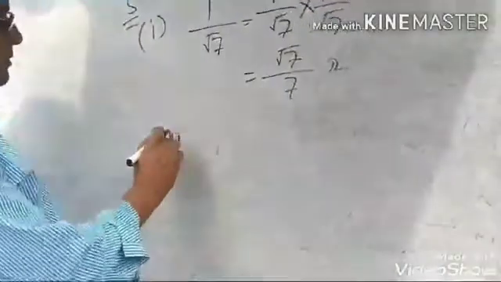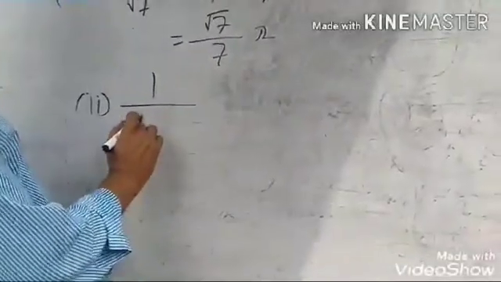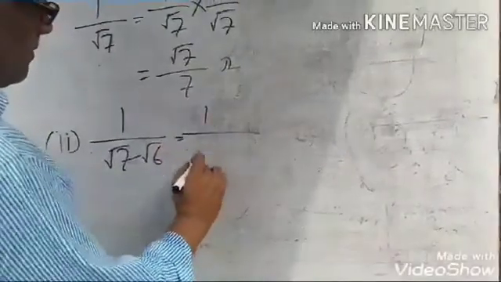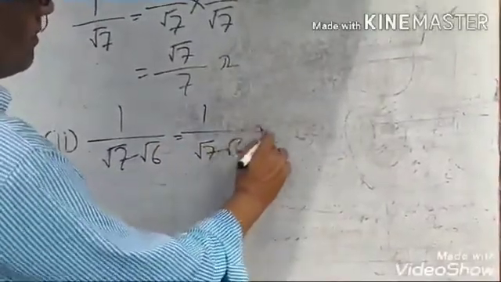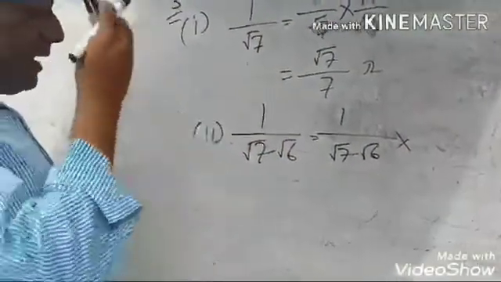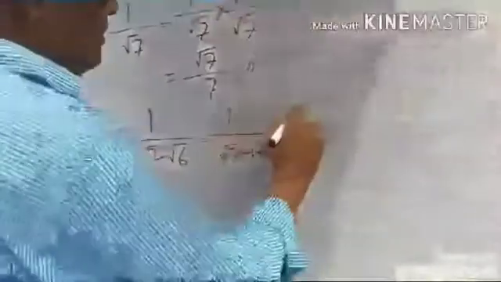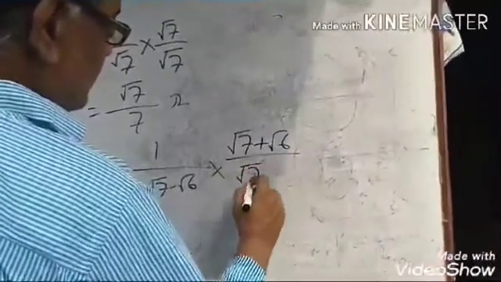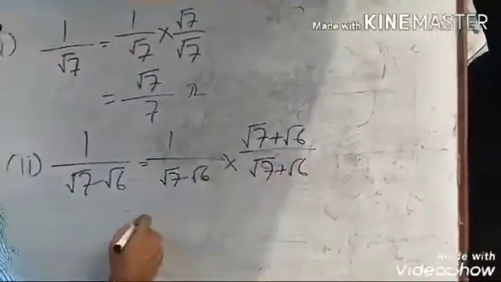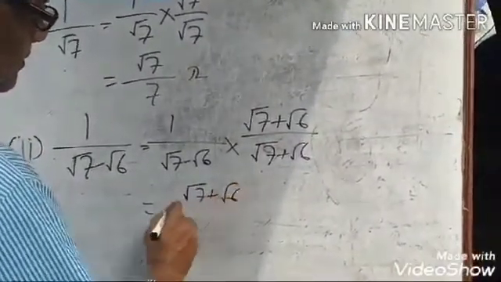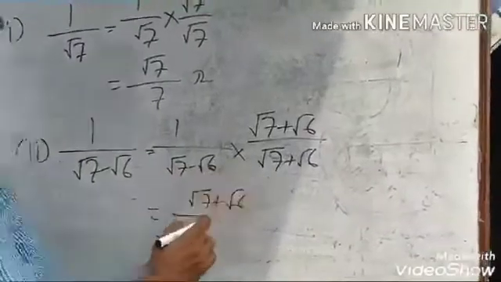Question number 2. 1 by under root of 7 minus under root of 6. Denominator and numerator multiply by under root of 7 plus under root of 6. We get the form a minus b into a plus b.